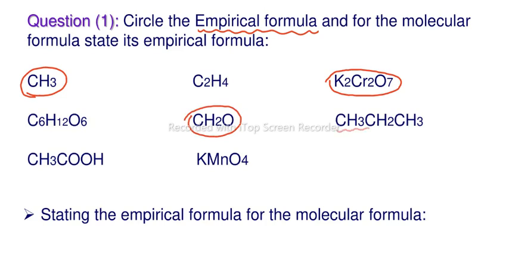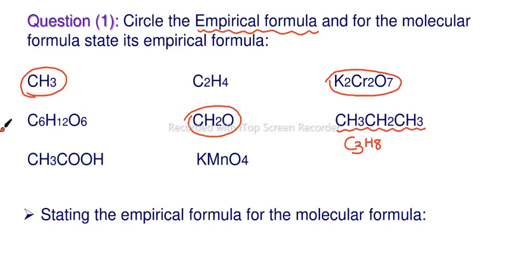Continuing with this example, which is for the propane. In order to see whether it's an empirical or molecular, I'm going to rewrite the formula another time, taking into consideration the total number of carbons presented and the total number of hydrogens. I have 3 carbons and I have 8 hydrogen atoms.